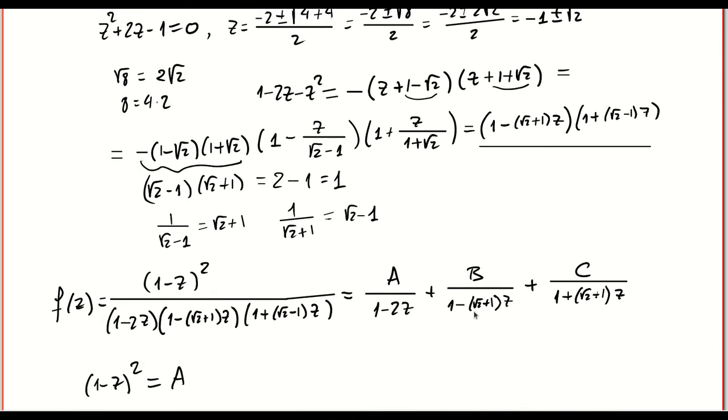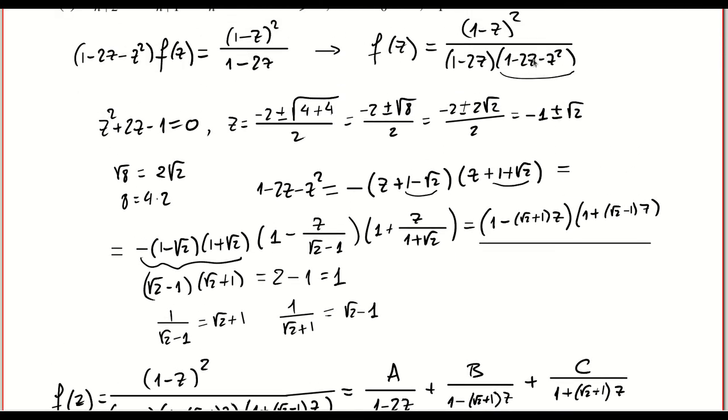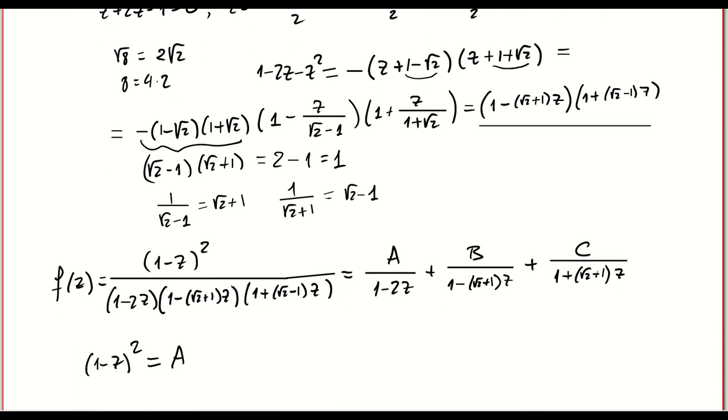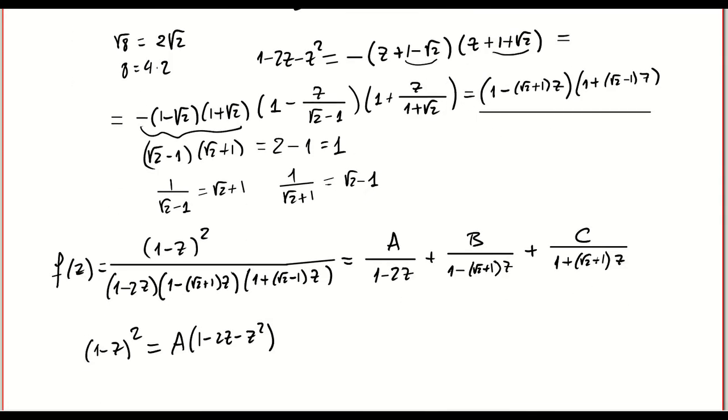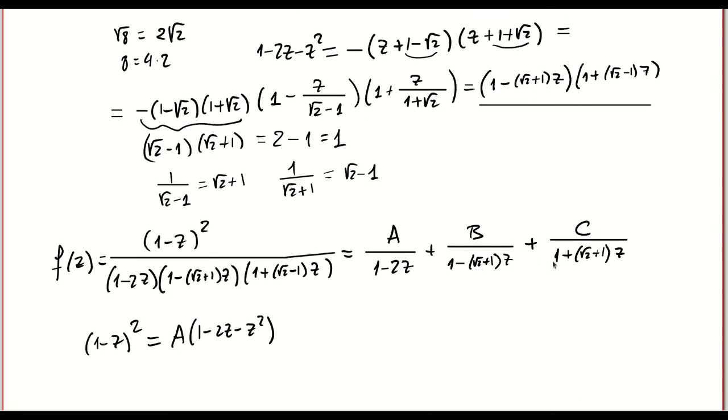It can be written like this, and I'm going to use this expression because it's going to be handier: 1 minus 2z minus z squared. All right, this is the product of these two factors.